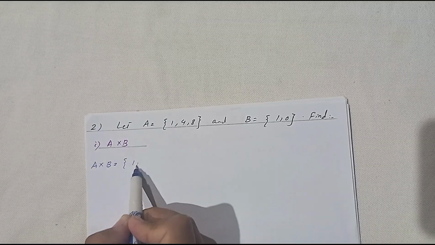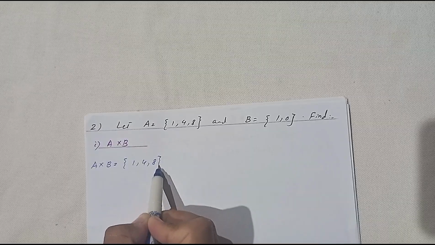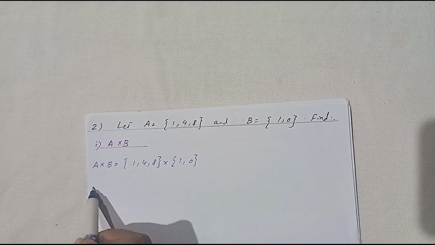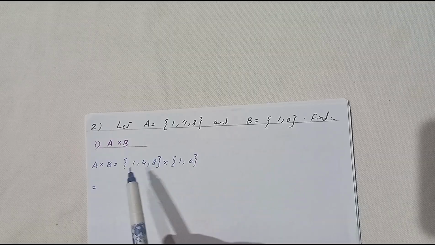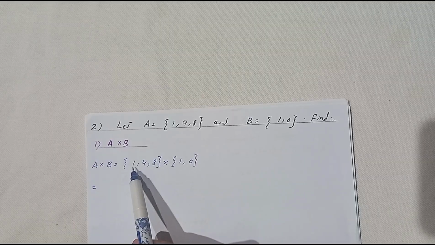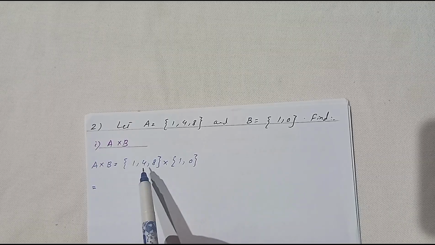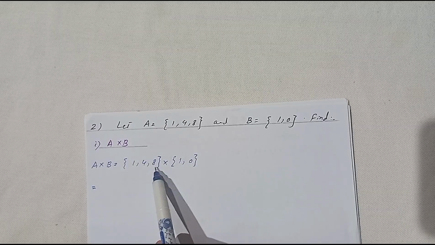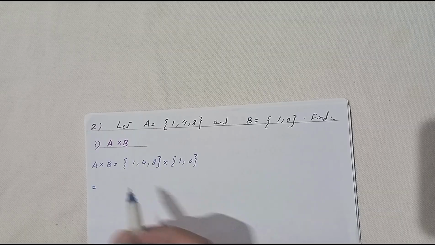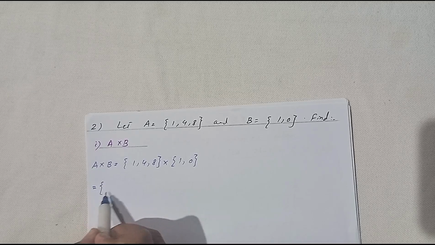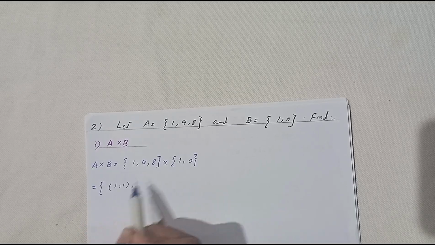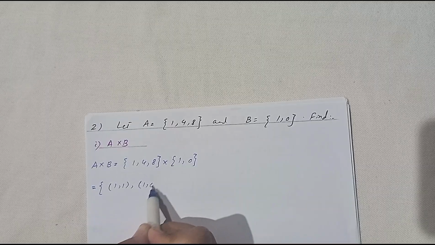Write the elements of A, 1, 4, 8, multiplied with the elements of B, 1, 0. We first multiply the first element of A with all elements of set B, then make pairs of the second element with all elements of B and the third element with all elements of B. The first ordered pairs are 1 comma 1, 1 comma 0.